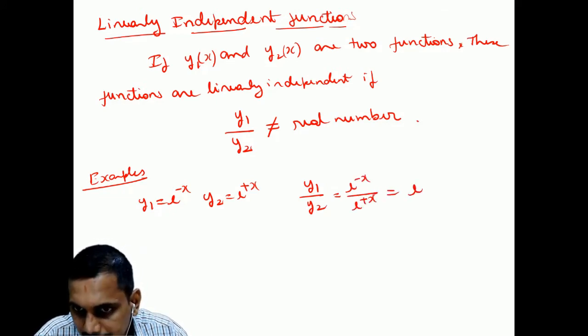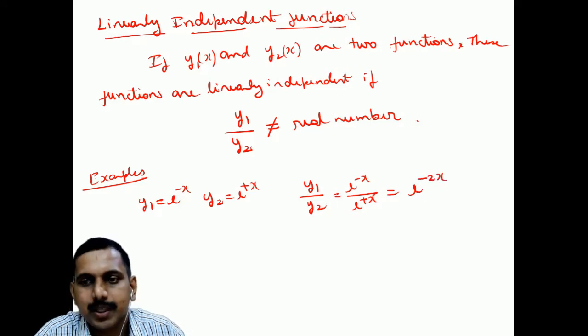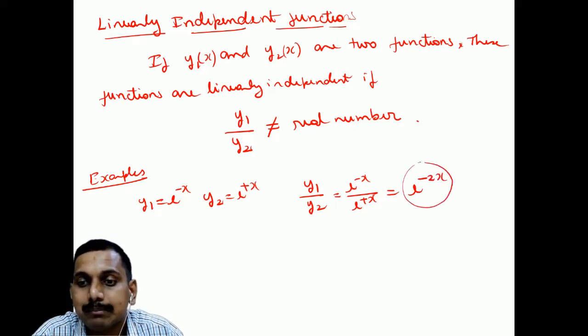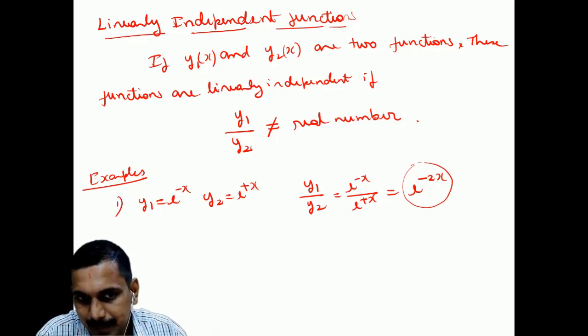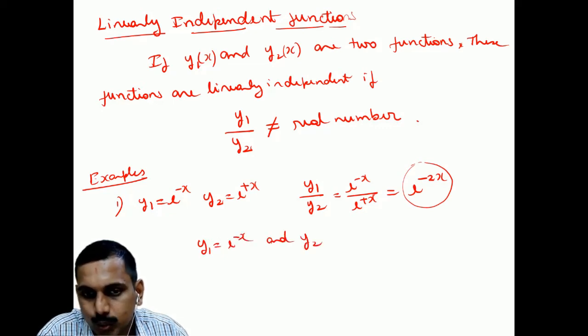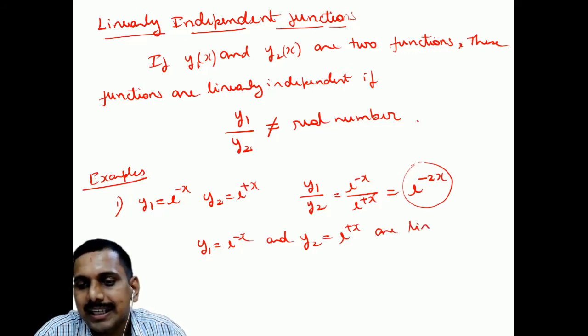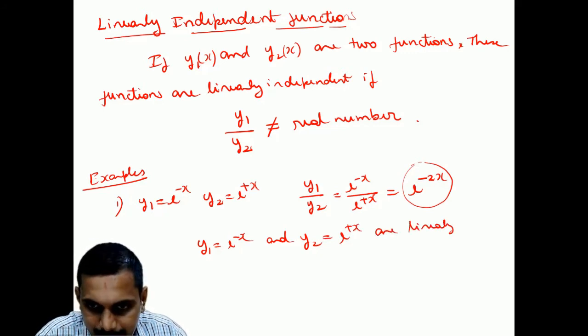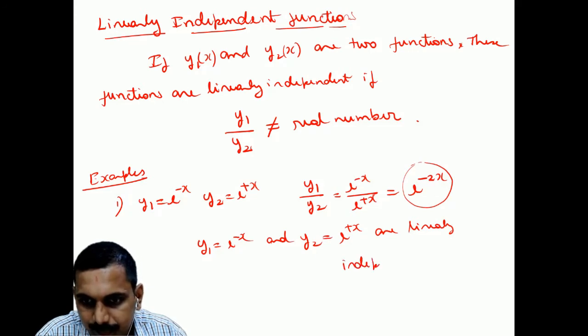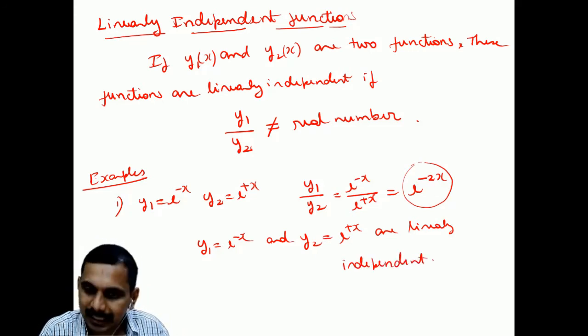This is equal to e power minus 2x, which is a function, not a number, correct? So in this example 1, y1 is equal to e power minus x and y2 is equal to e power plus x are linearly independent.